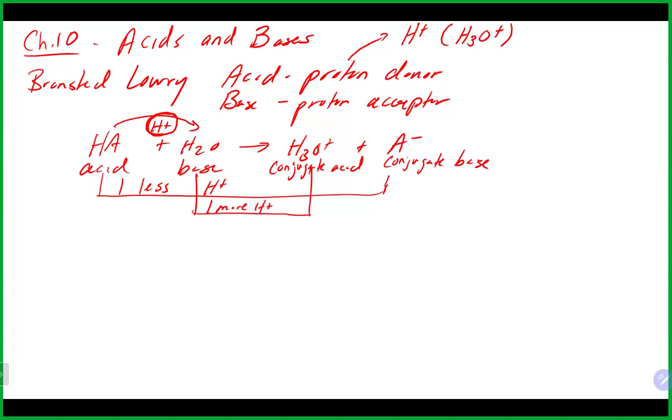We talked about Kw, which is the concentration of H plus times concentration of OH minus. And that does equal a constant value of 1 times 10 to the minus 14. And again, as I mentioned before, you could also write this as H3O plus and OH minus.